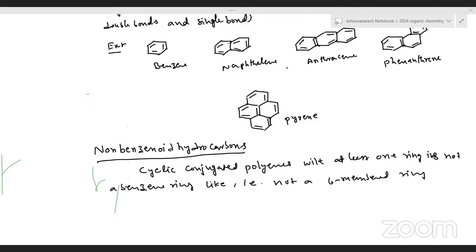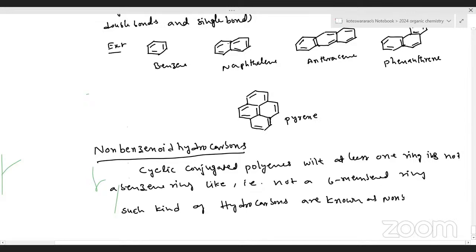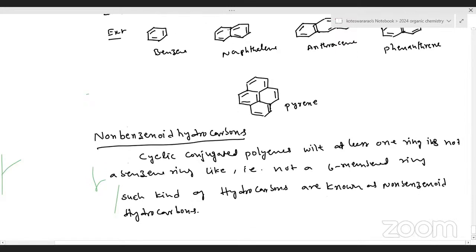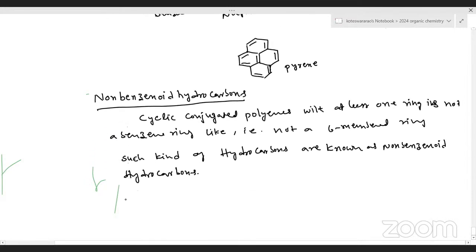Such kind of hydrocarbons are known as non-benzenoid hydrocarbons. For example, we have several examples of this. Some of them we have already seen in the previous class.